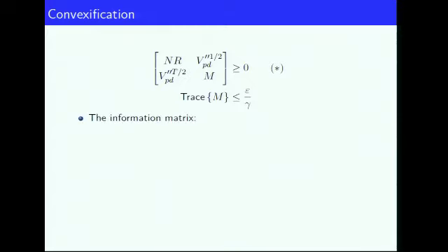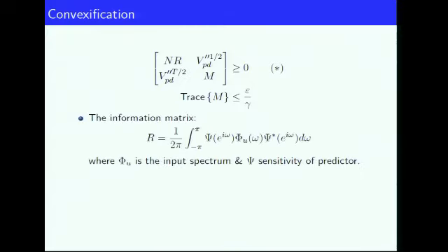And then if we look at the information matrix in our setting, as Luke also pointed out, it looks like this, where phi u is the input spectrum. So we are in this frequency domain design that Luke also explained. Psi are sensitivity of the predictors, but in the frequency domain.